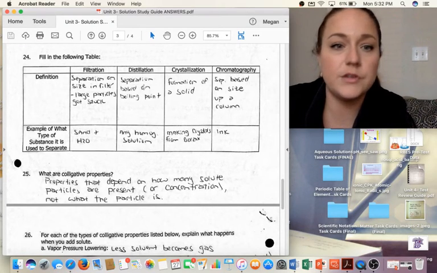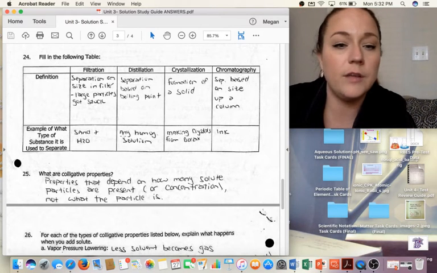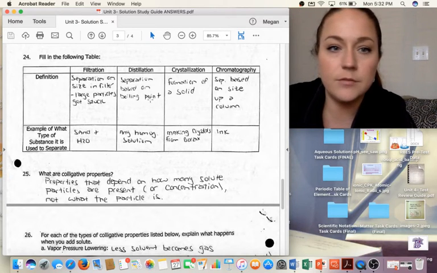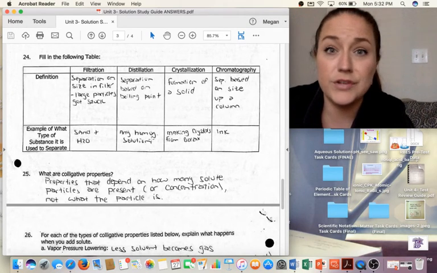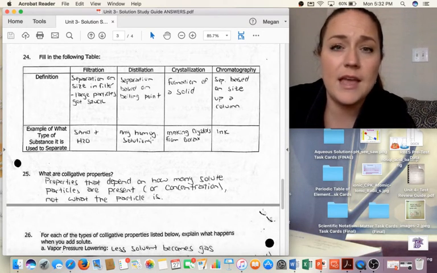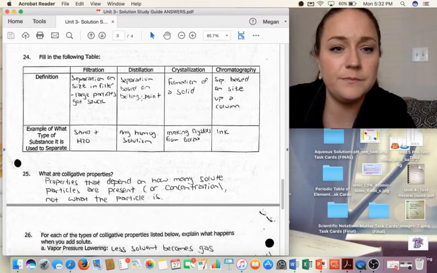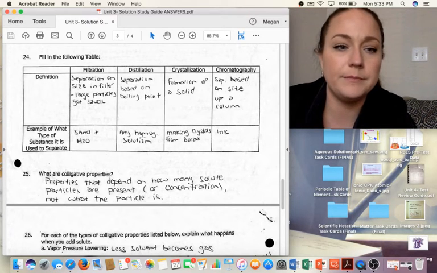Distillation. So this is the separation based on boiling point. Another one, any homo solutions, the supersaturated we are able to start making, but if we didn't make it supersaturated, but we just added the sugar to the warm water and had a saturated solution or even an unsaturated solution, so separation based on the boiling point.